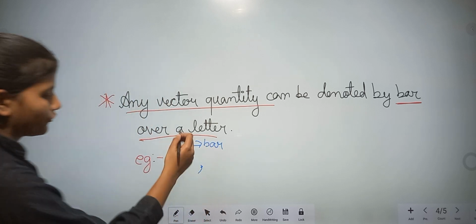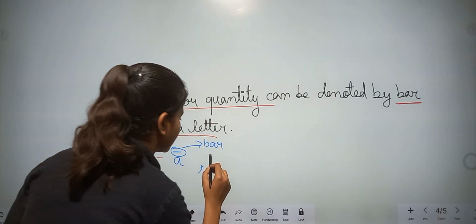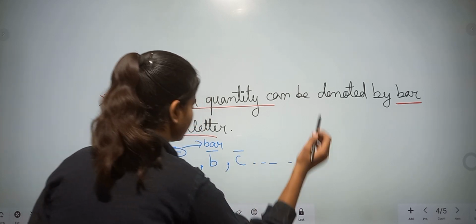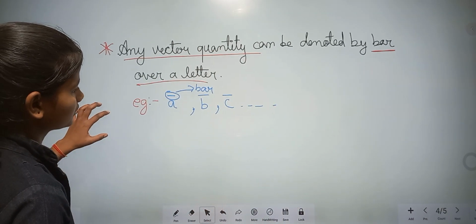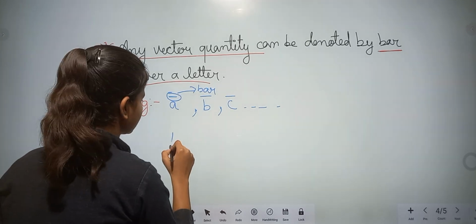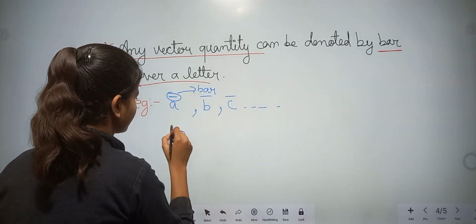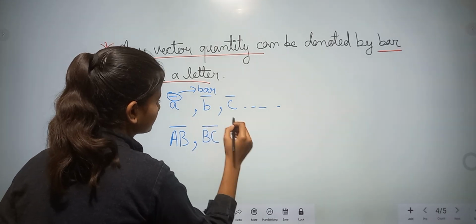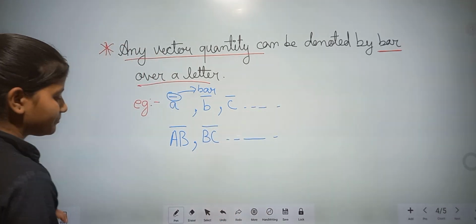You can also write a bar over a letter, and so on. And you can also write AB with a bar over it, and BC with a bar over it, and so on.